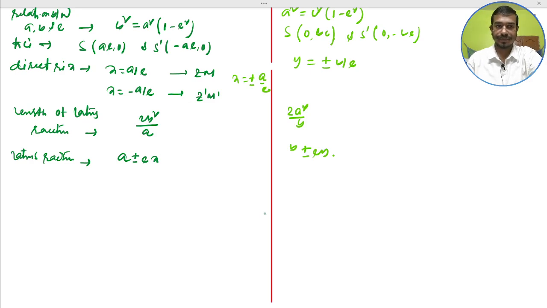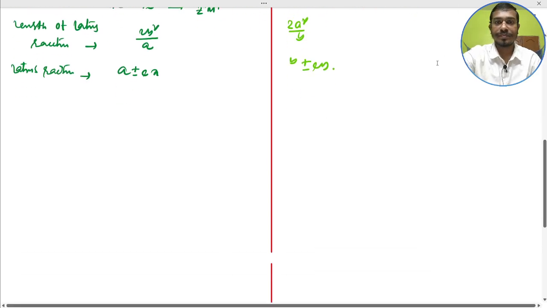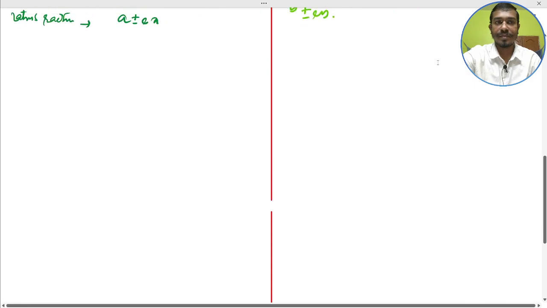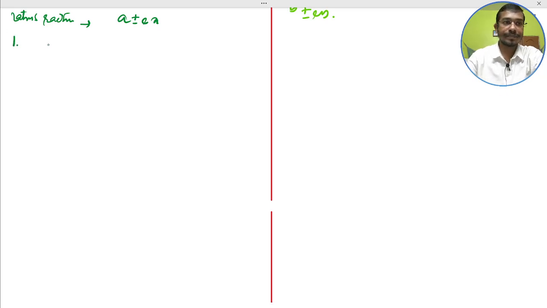Next, the parametric equation. This is the standard form. Now, number one, the parametric equation.